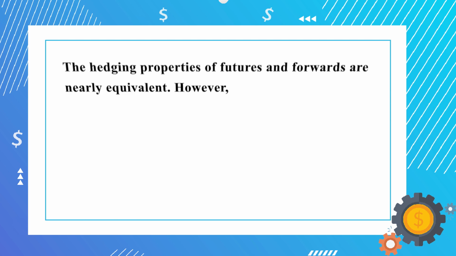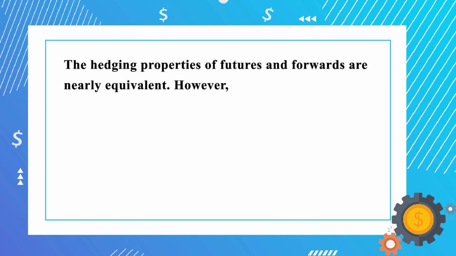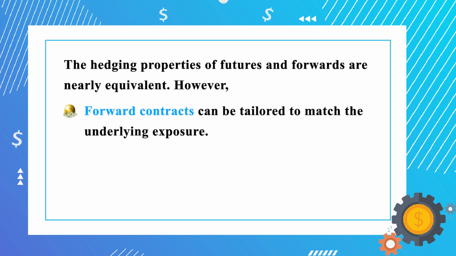From the function of hedging foreign exchange exposure, the differences between forward and futures are obvious, though the hedging properties of futures and forwards are nearly equivalent. However, a forward contract can be tailored to match the underlying exposure. A forward contract thus can provide a perfect hedge of a transaction exposure to currency risk.